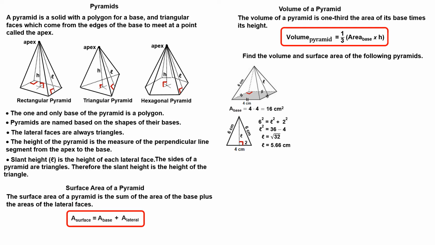The lateral area is the area of one triangle multiplied by 4. The surface area of a pyramid is the sum of the area of the base plus the lateral area.